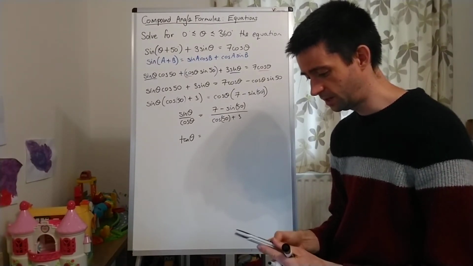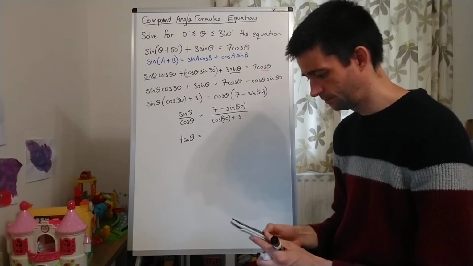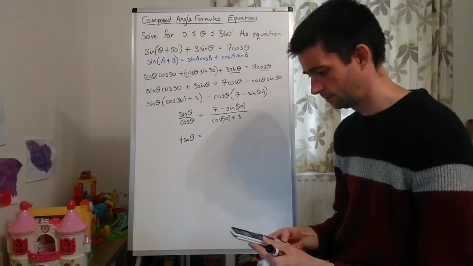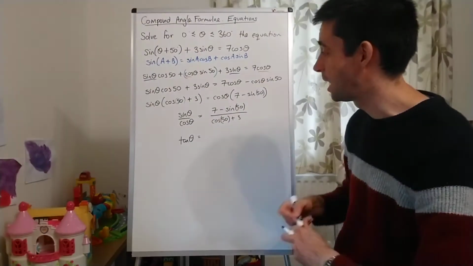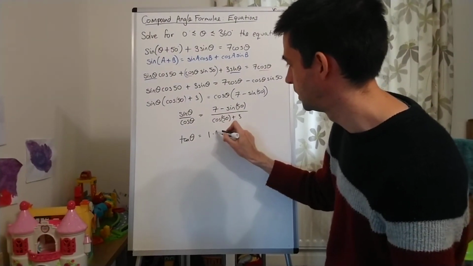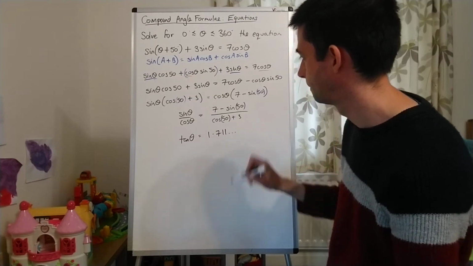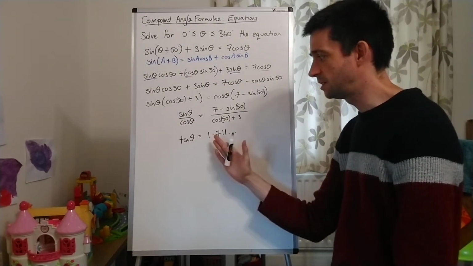Specifically, what number is it? It's 1.711, and I'm going to use that whole result when I come to do my next step. I have tan θ equals a number.